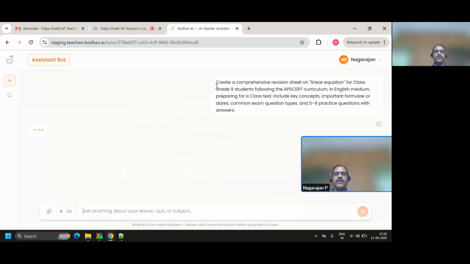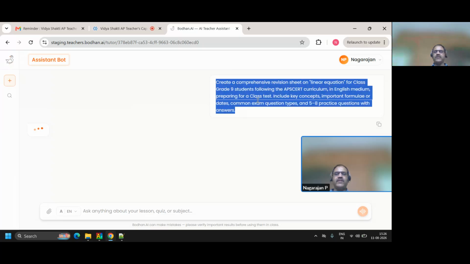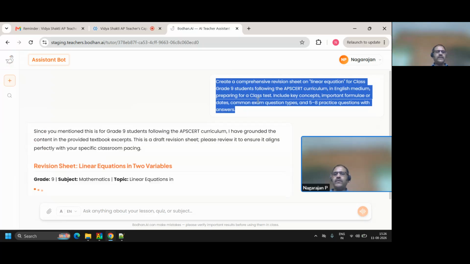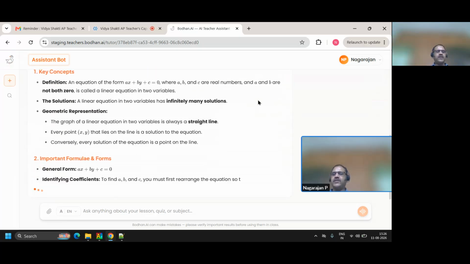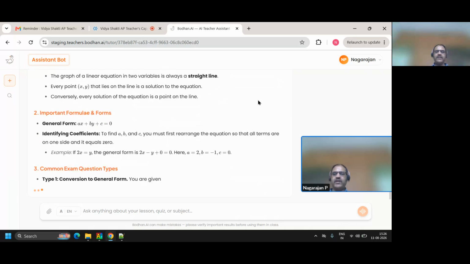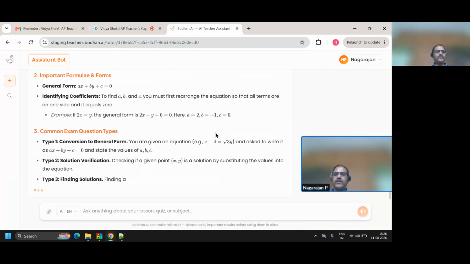You could have noticed, it automatically forms that prompt. Now it is creating that revision sheet, and let it finish, then I will show you.